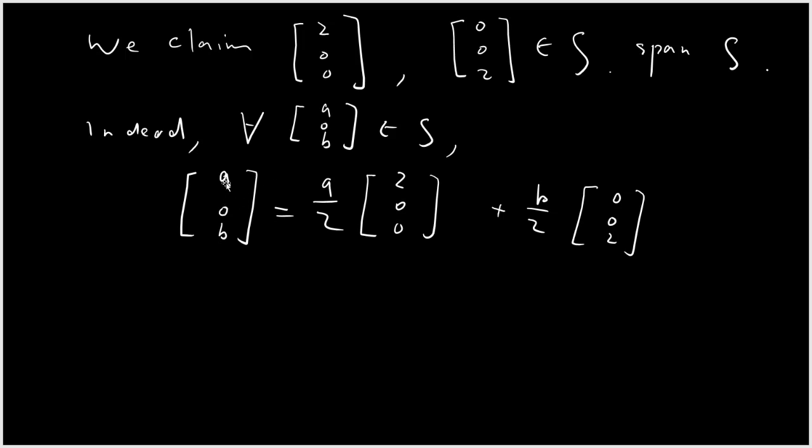It means the 2 chosen vectors span S. So the 2 vectors indeed span S. Okay.